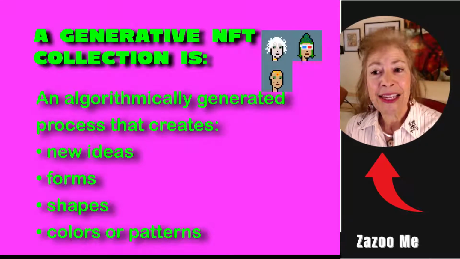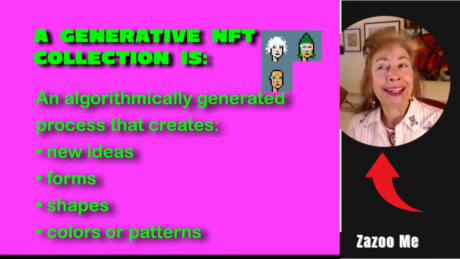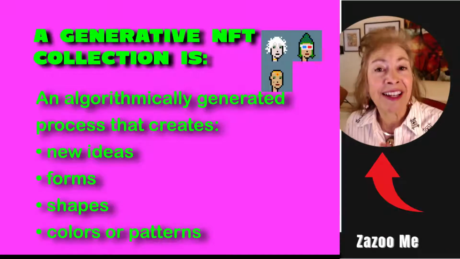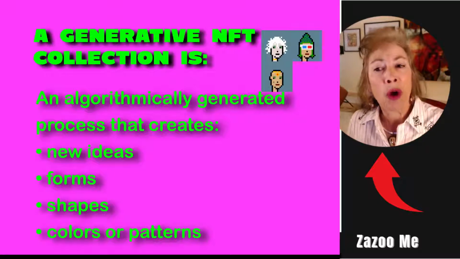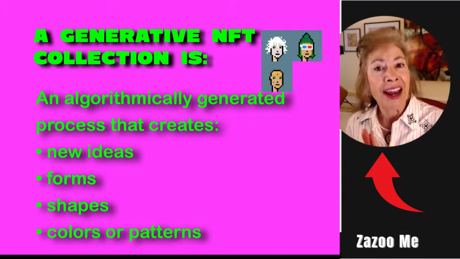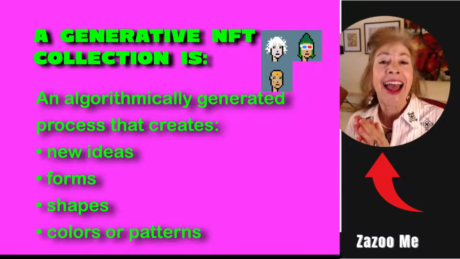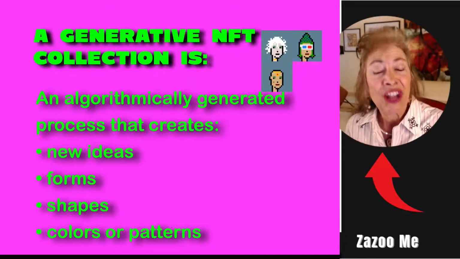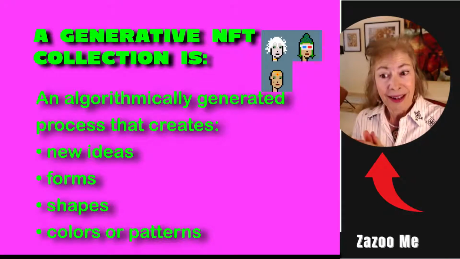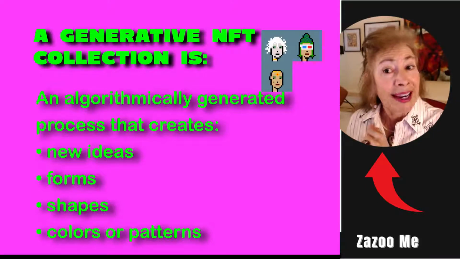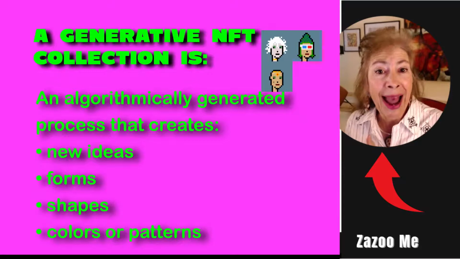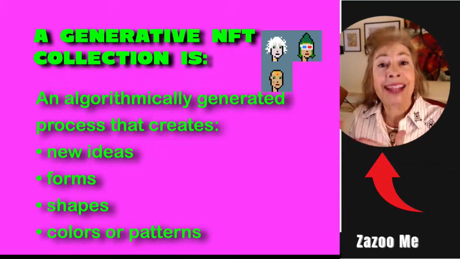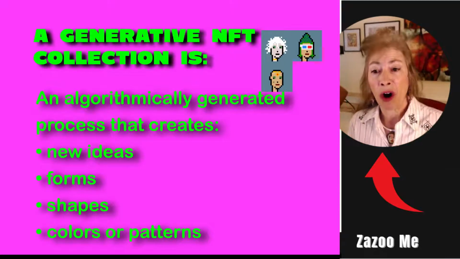And this is why you're able to create enormous collections like 10,000 characters just from your own artwork. So a generative NFT collection is an algorithmically generated process creating new ideas, new forms, new shapes, colors, and patterns from separate layers of your artwork.